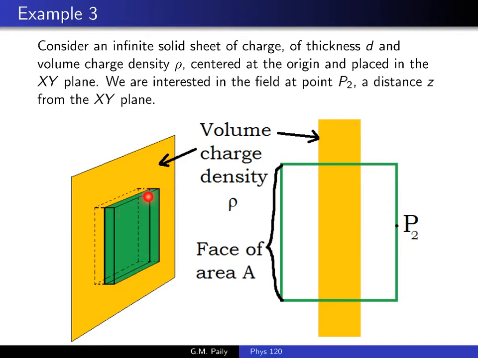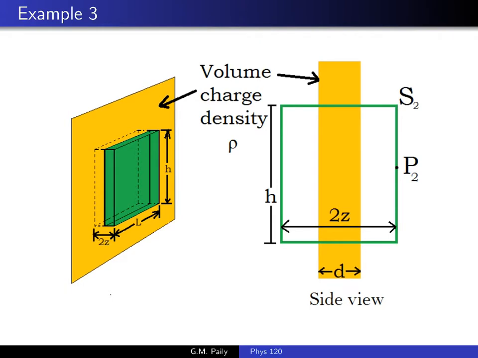This face of the pillbox has an area A. Here it is again in a bit more detail. I have marked the dimensions of the pillbox. It has a height h, length l, and a thickness 2z. It extends to both sides of the sheet. We call this Gaussian surface S2.